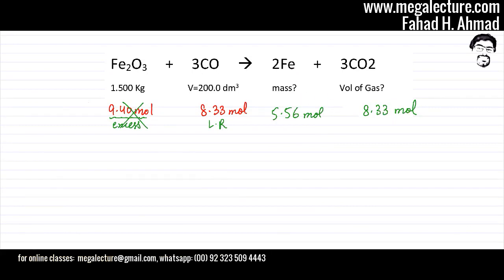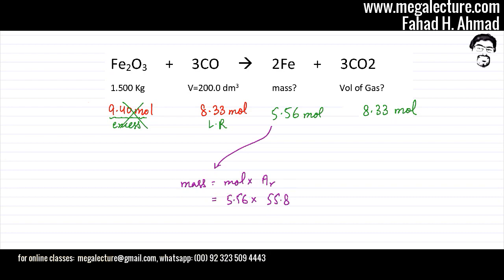Now I have the moles of both products. I need to find the mass of Fe, which is simple. We can use the formula: mass is moles multiplied by the Ar. So it's 5.56 multiplied by the relative atomic mass of Fe, 55.8.